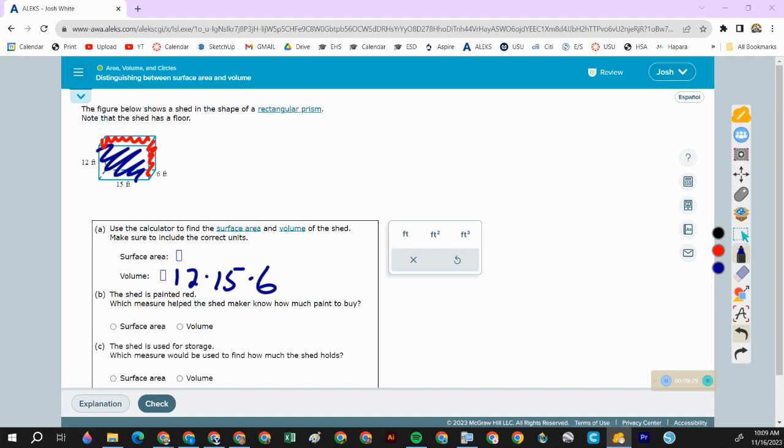So the shed has a floor, and I'm assuming we're painting the inside of the shed. So if the shed is painted red, which measure helped the shed maker know how much paint to buy? Surface area. If the shed is used for storage, how much would the shed hold? That would be measured in volume.